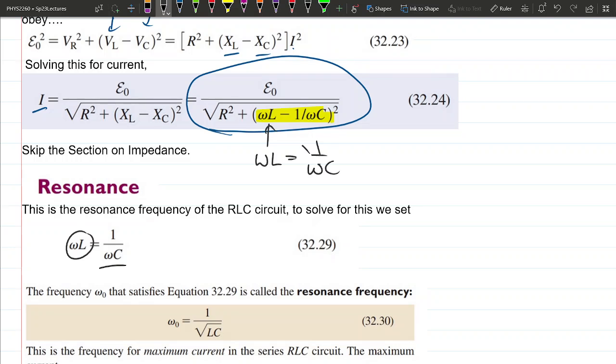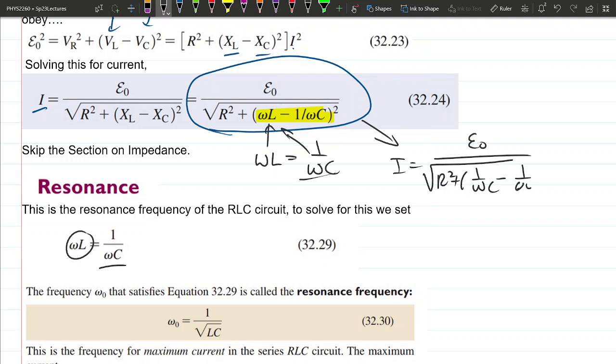Let's just plug this in here, right? So the current becomes E naught over the square root of R squared plus, instead of omega L, I'm going to write 1 over omega C, all squared, right? These subtract themselves, of course, and that is going to give you 0, right?